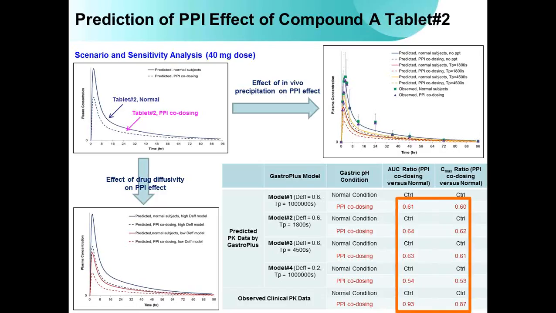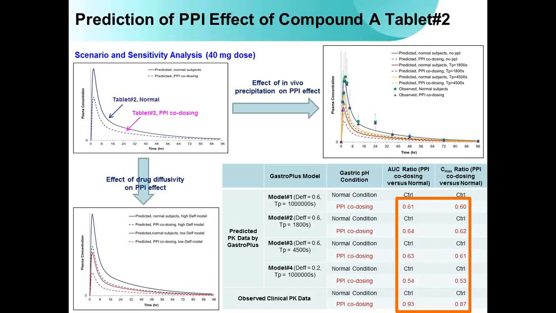However, overall, if you look at the whole model development process, the model actually has accurately captured a reduced bioavailability of the conventional formulation, but an improved bioavailability of enabling formulations, although not to the extent that we have seen in clinic, in the condition of co-administration with PPI.